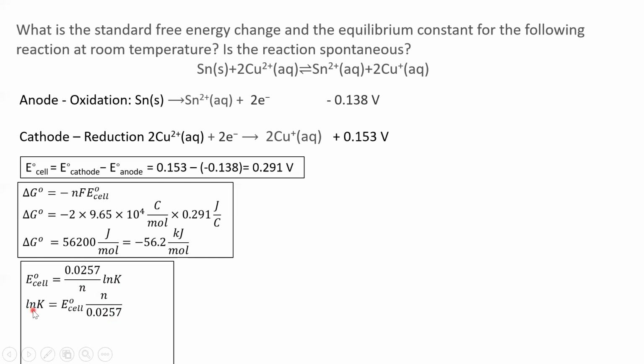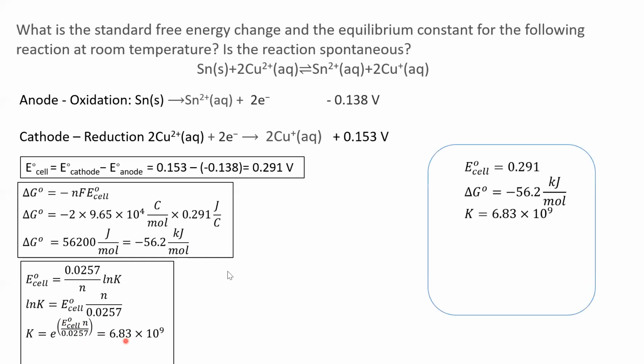Now, we don't want the ln of K, we just want K. If you look on your calculator and you find the ln button, the second function of that is the e to the x button. So K equals e to the E times N divided by 0.0257. So K equals 6.83 times 10 to the 9.